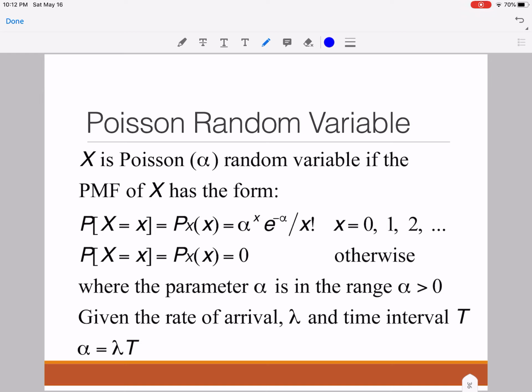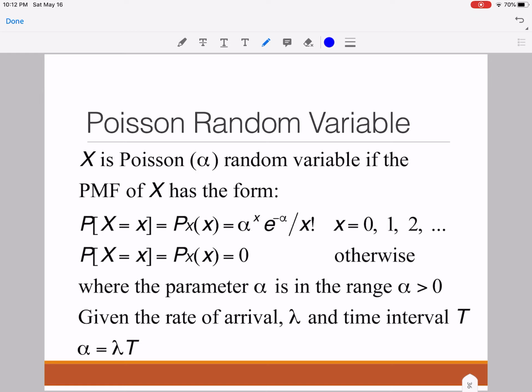Similarly, a transportation engineer may be interested in the number of arrivals of buses at a weighing station in a given time period. Civil engineers may be interested in the number of occurrences of rainfall events over a given month, given that the rainfall event has a fixed rate of arrival. In such cases, we use Poisson random variables to model the number of arrivals or the number of occurrences.